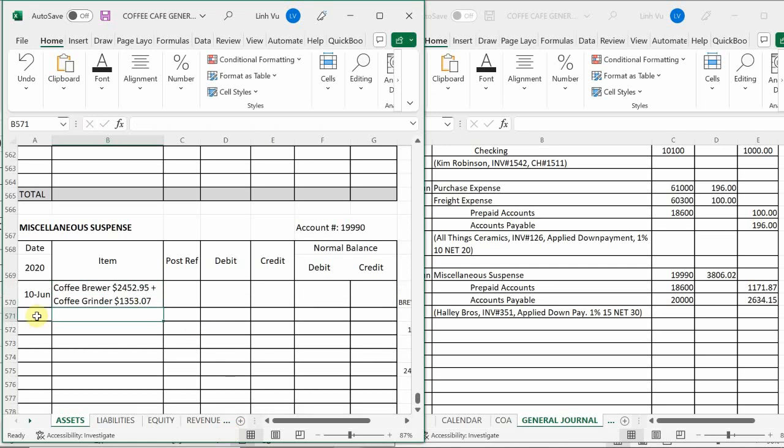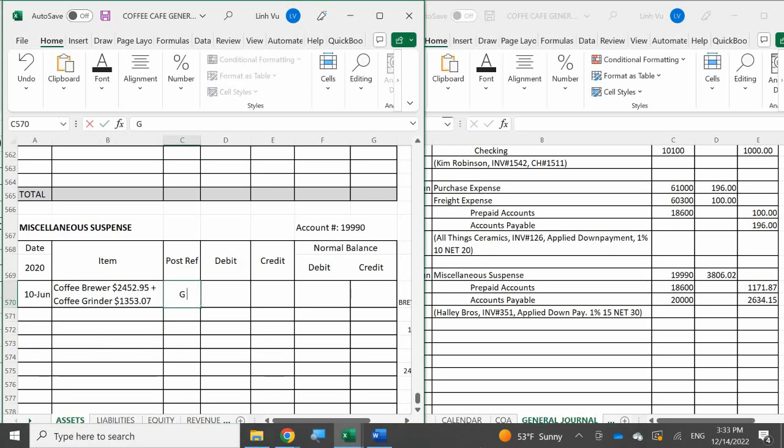So then that's going to General Journal page 3 here for a debit of $3,806.02. Okay, so 3806.02.